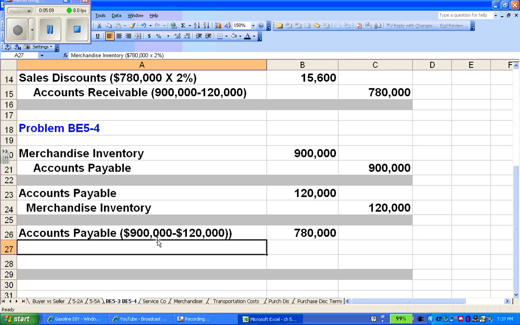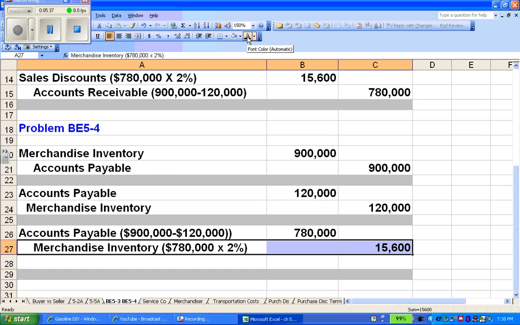Okay, so from that 780,000, I want to calculate the purchase discount, and I can take 2%. So I'm going to take that discount, and what I will do is credit my inventory. My inventory will be worth actually less. It cost me less because I took advantage of that discount. That's a good thing. You want the cost of your inventory to be minimal, so you'll have a greater gross profit: sales minus the cost of your goods.